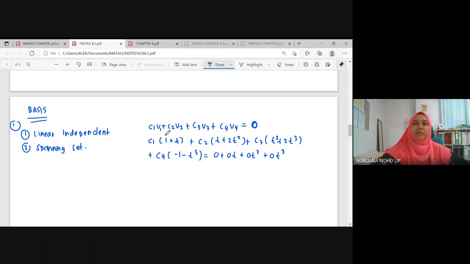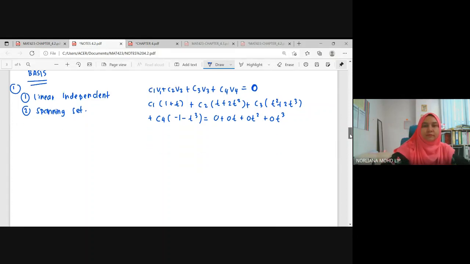Yang ni pun kena ikutlah susunan dia. Okay, so kat sini boleh masukkan, ataupun kita create dulu system of linear equation lah.